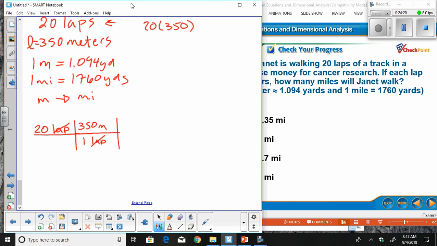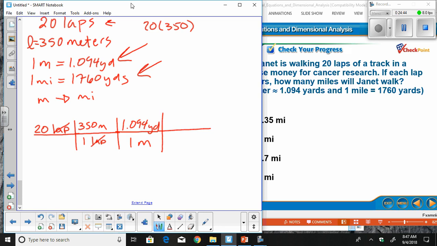Okay. Then I want to find something that I have for meters. Well, I have a conversion here for meters. So 1 meter is equal to 1.094 yards. Still not in miles. What I do know is that 1 mile is equal to 1,760 yards.